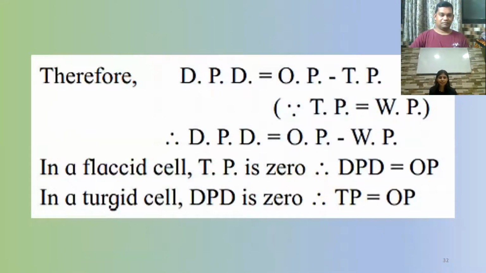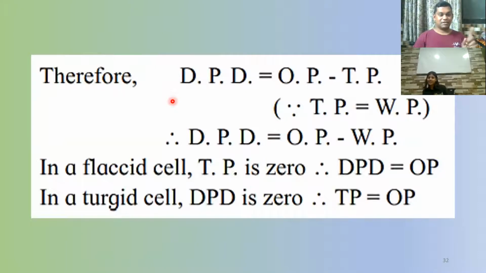Now, if you remember, we mentioned diffusion. At the time of diffusion we had mentioned something called diffusion pressure. Along with diffusion pressure, we mentioned another term called diffusion pressure deficit, DPD.